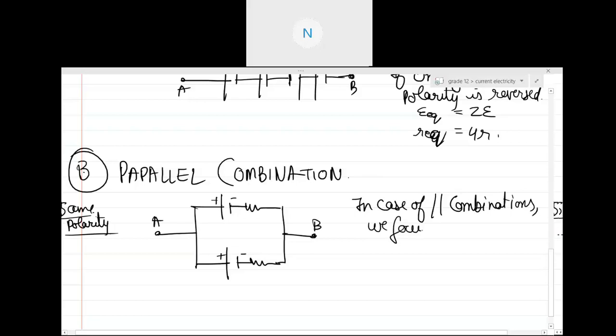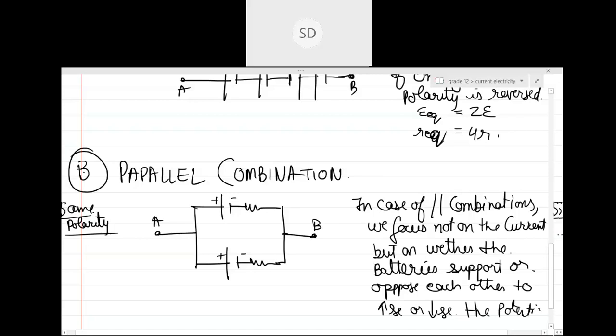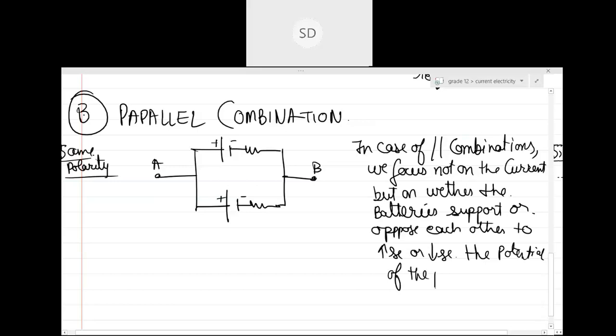we focus not on the current but on whether the batteries support or oppose each other, to increase or decrease the potential of the points across which they are in parallel.